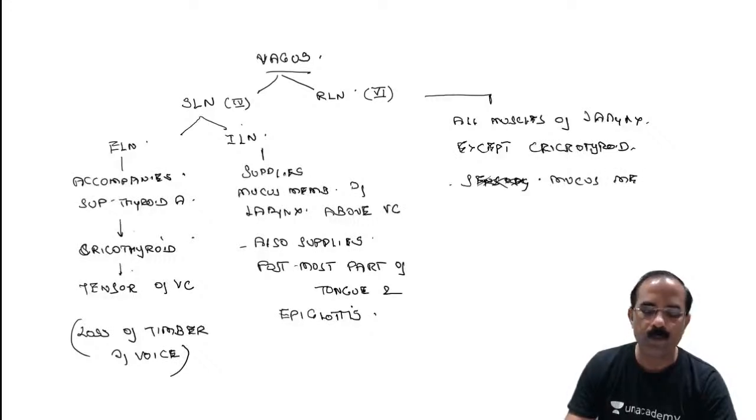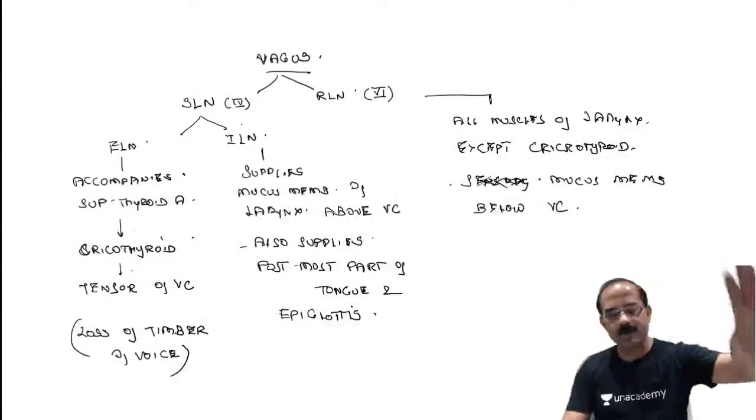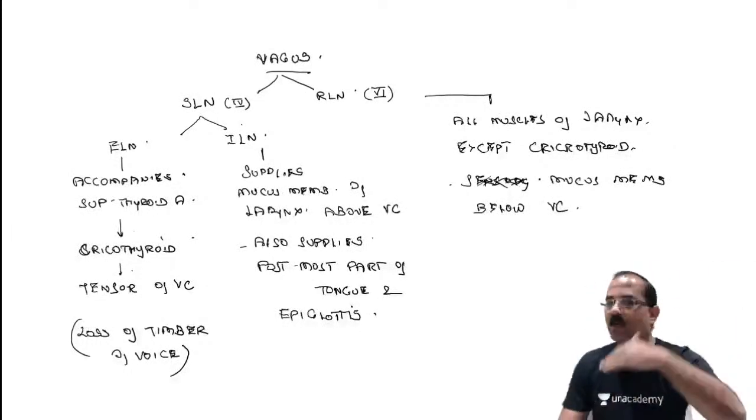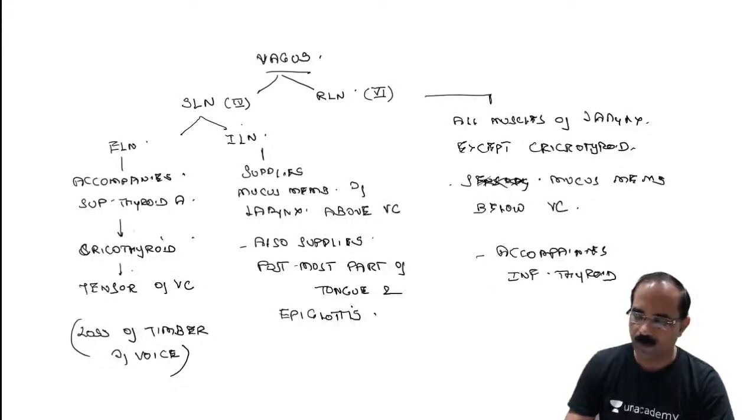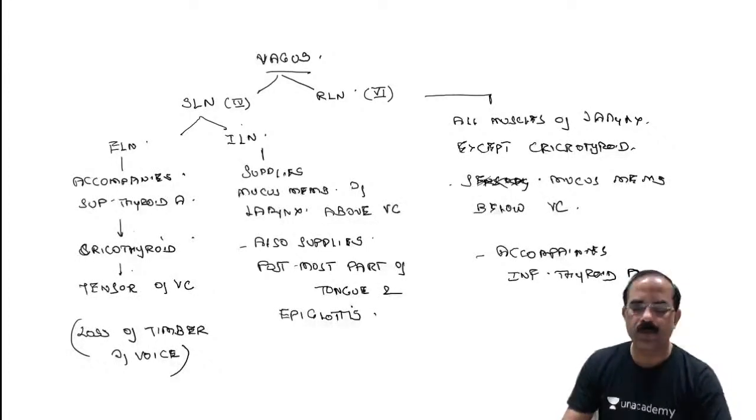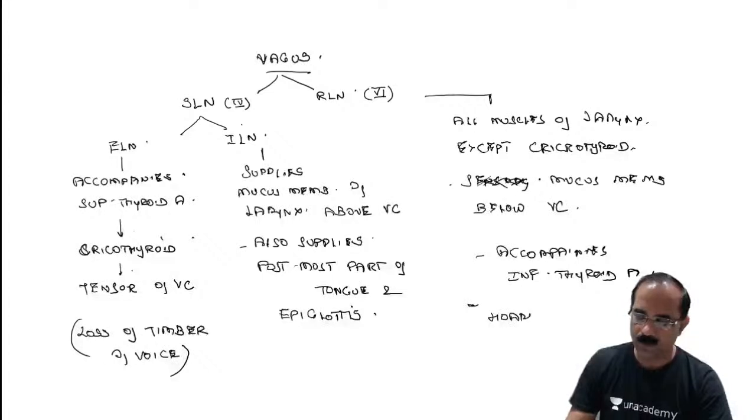Mucous membrane below the vocal cords. Okay, it supplies all the muscles of the larynx except cricothyroid. It supplies sensory supply below the vocal cords. It accompanies inferior thyroid artery, and damage to this recurrent laryngeal nerve leads to hoarseness of voice.